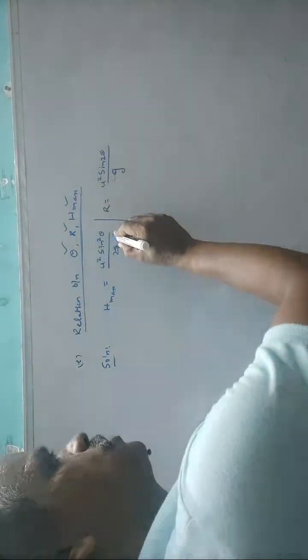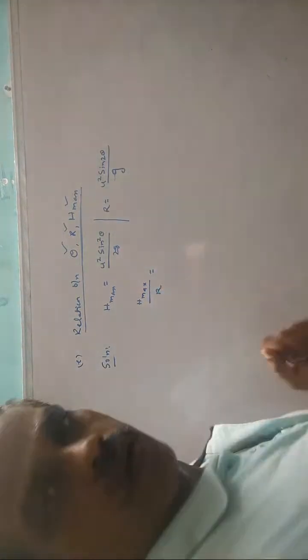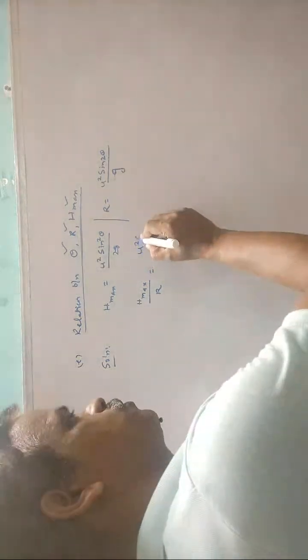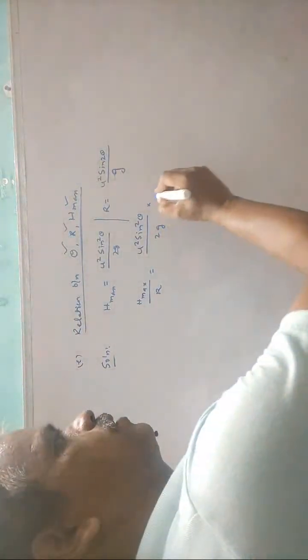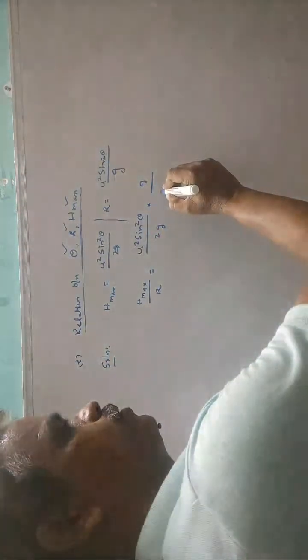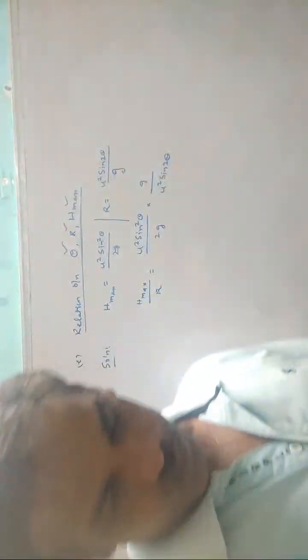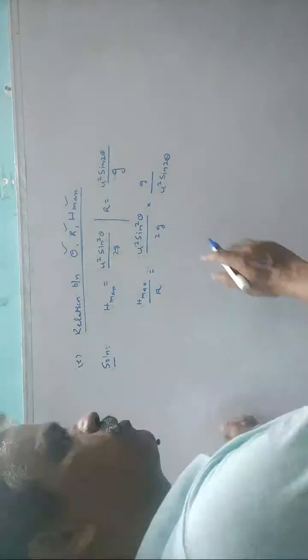So for this, take the ratio, h max by R. h max equal to u square sine square theta by 2g, R equal to u square sine 2 theta by g.